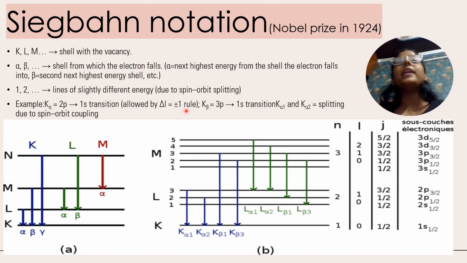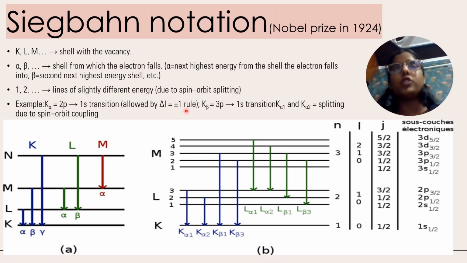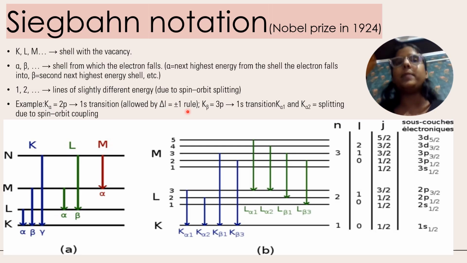And keeping in mind the electron transition rule, the transition rule says that the value of delta l, which means the difference between the azimuthal quantum numbers of the two orbitals in which the transition is taking place, has to be plus minus 1. It cannot be 0, it cannot be plus minus 2, it has to be plus minus 1.